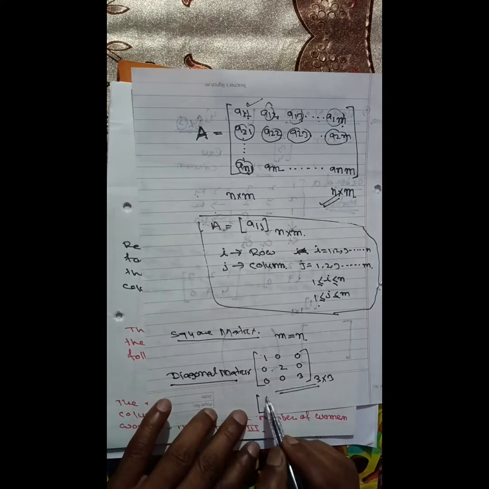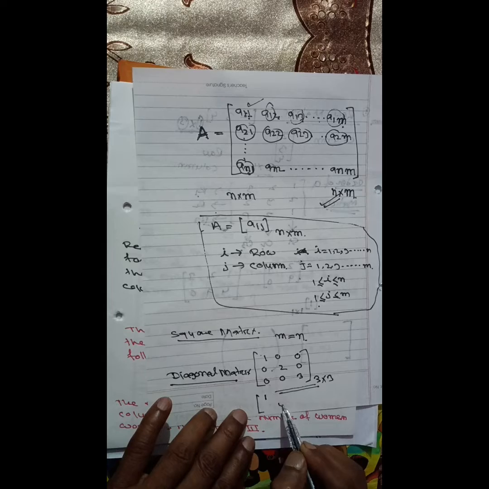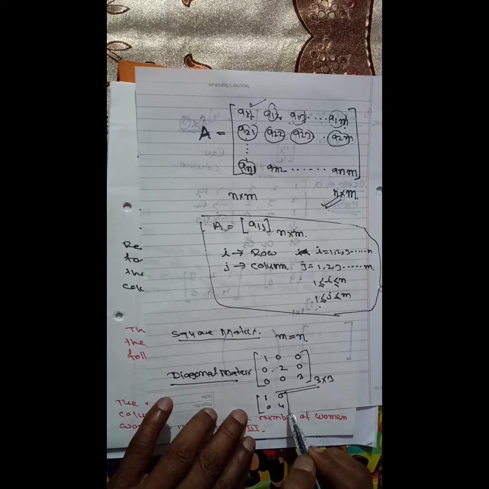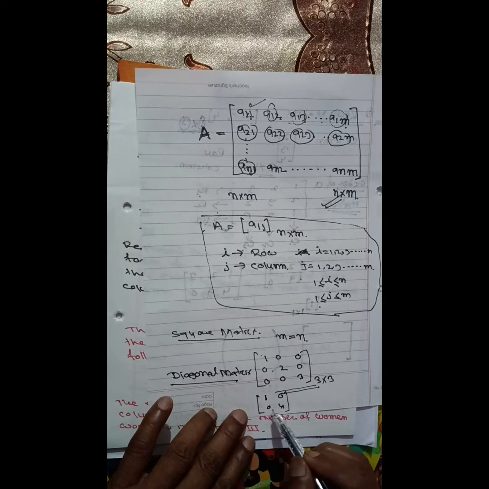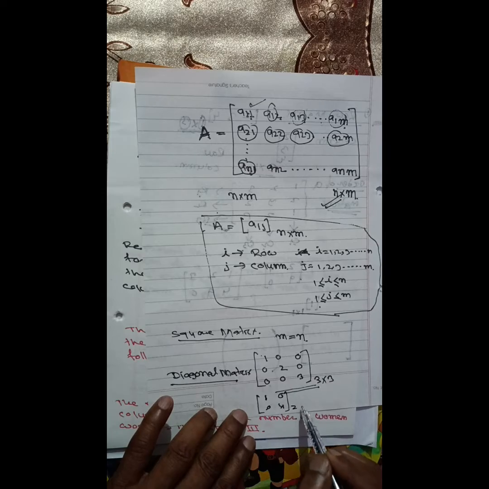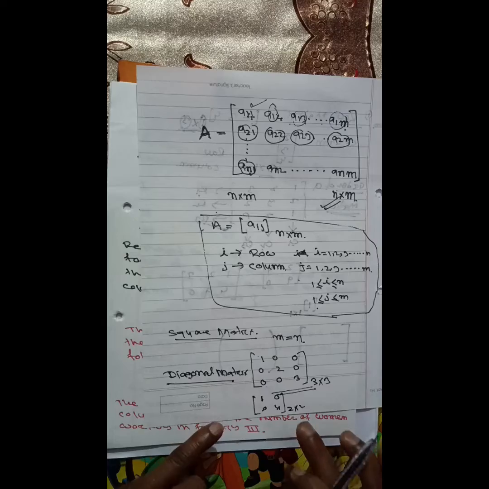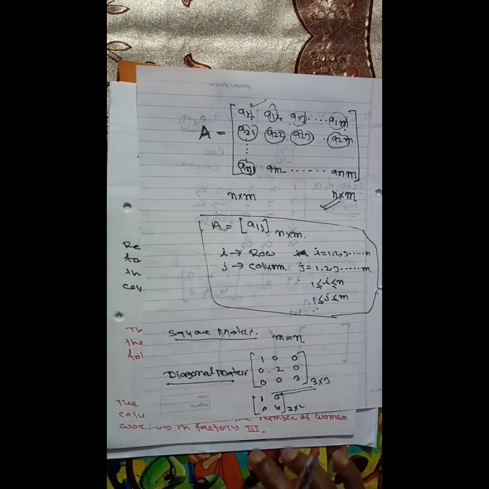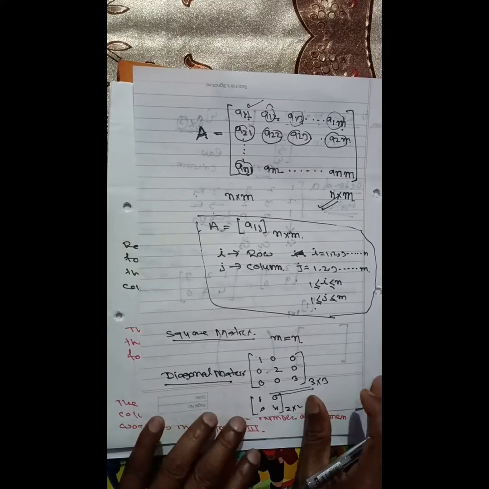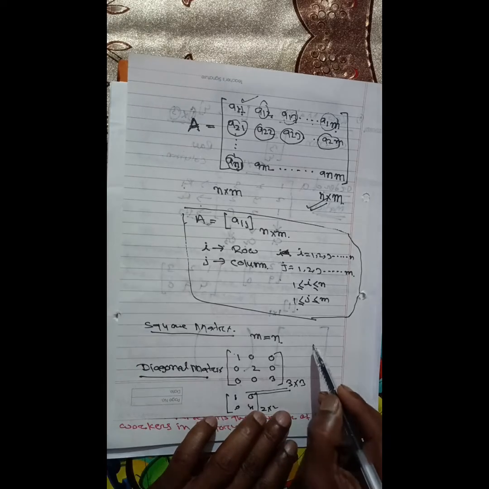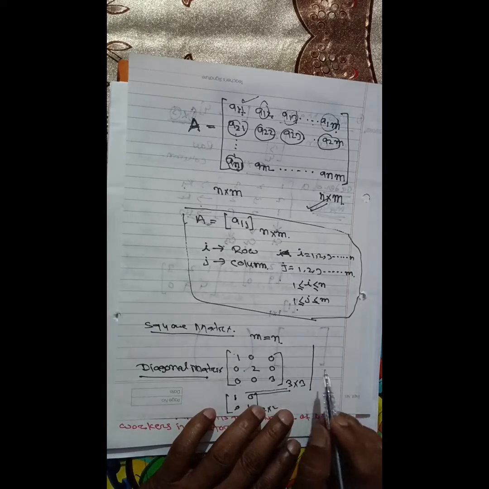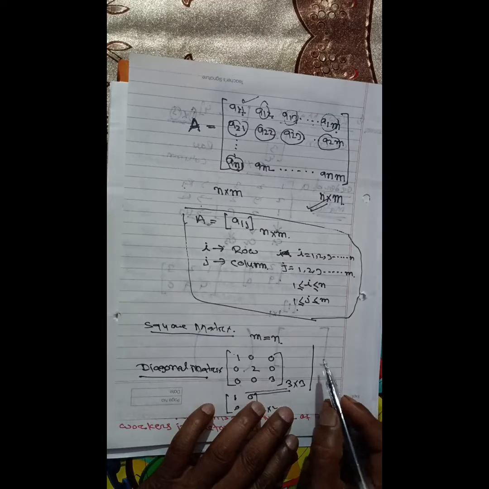This is also a diagonal matrix: the diagonal elements are 1 and 4, others are 0. That is a square matrix of order 2, known as a diagonal matrix of order 2.